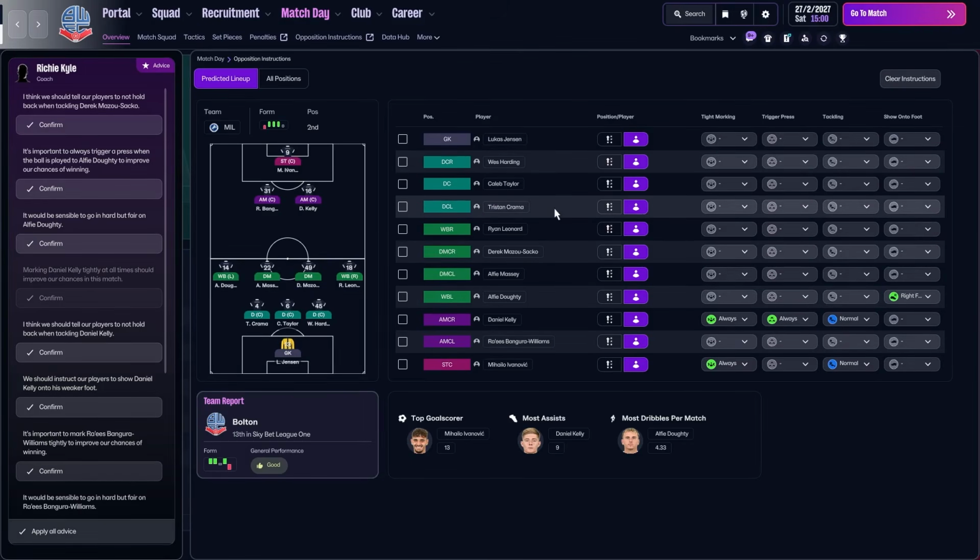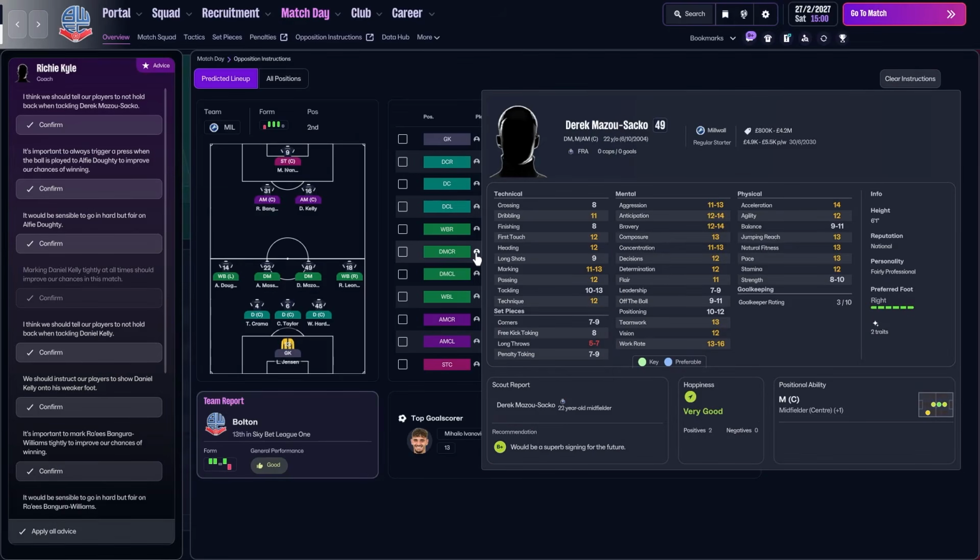Now, since we're using a mid-block in this sort of press, we're not playing with a high press. You can look for somebody in the defensive midfield line as a player that is going to be the one to have the trigger press selected on them, except Daniel Kelly. Daniel Kelly's trigger press is more of stopping him from using the ball. This other trigger press is going to be about starting the press.